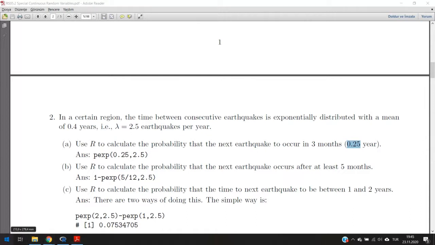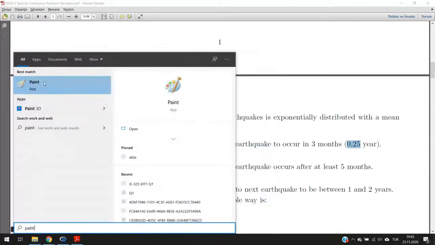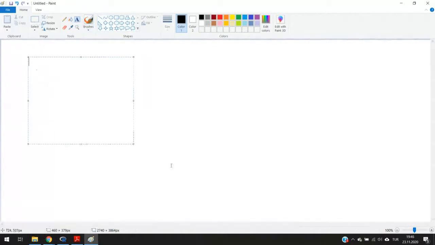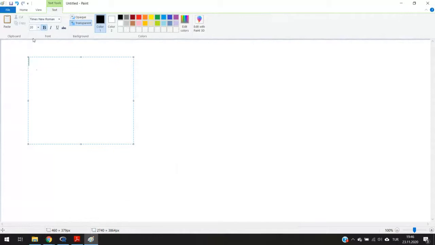So let me show that to you in a paint file. Okay, the question is basically asking this. So let me make this a little larger, maybe. So we have the random variable x, which is exponentially distributed with rate parameter lambda that is equal to, I am sorry, not 0.25, I am very sorry, it is 2.5 earthquakes per year.